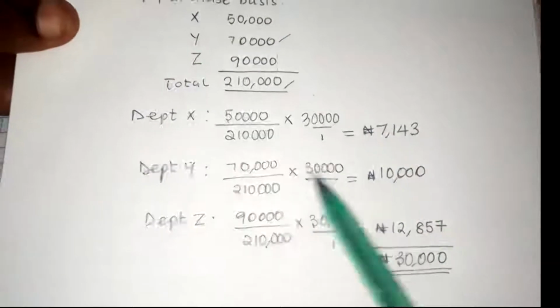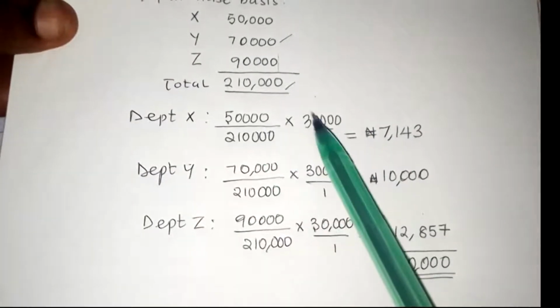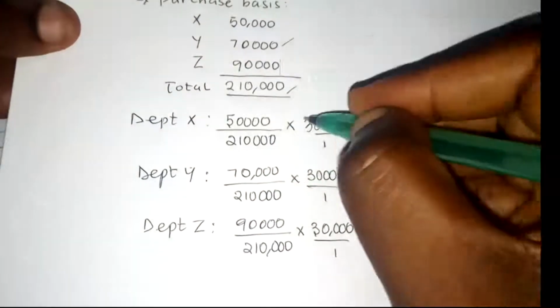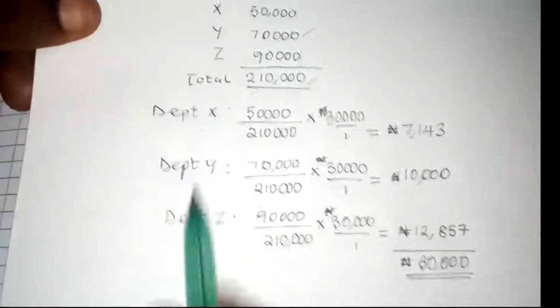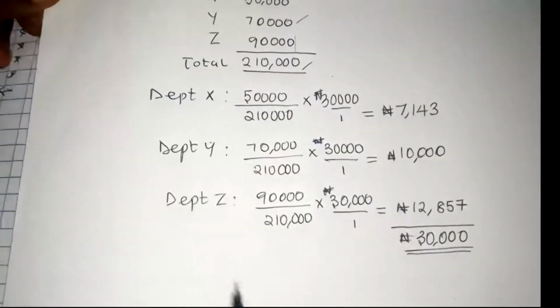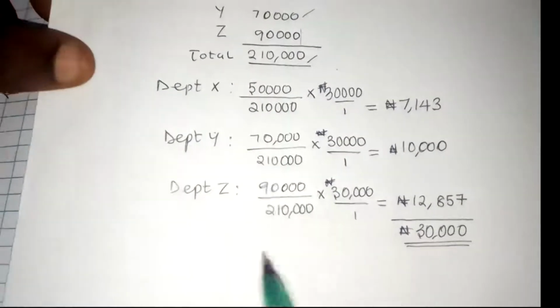So for the B part, what does the B part say? The B part says that for rent and rates, the basis of apportionment is floor area.